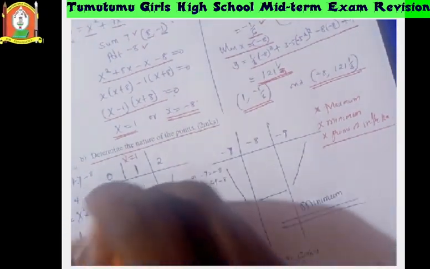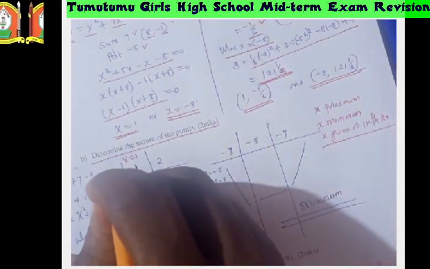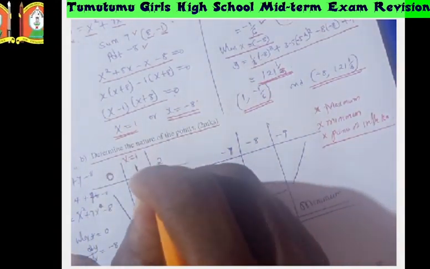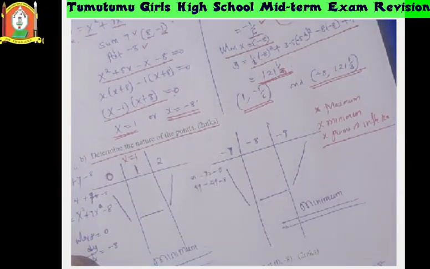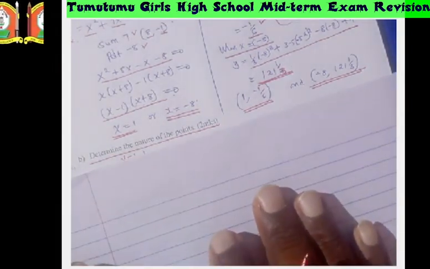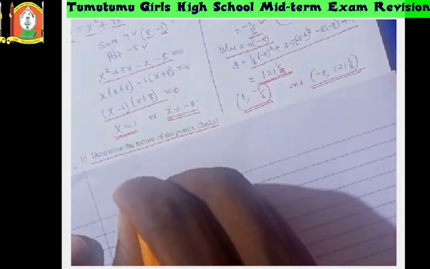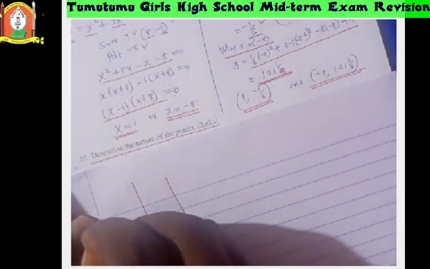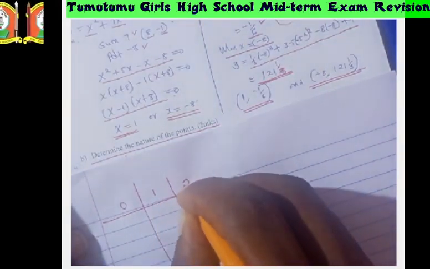To the left of 1 on a number line is 0, and to the right is 2.